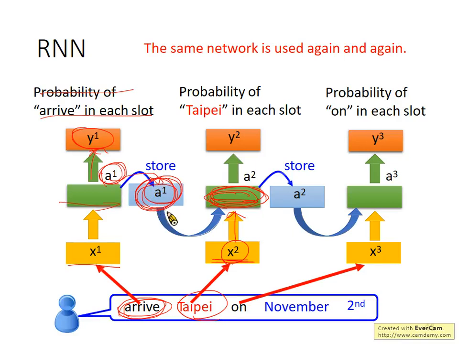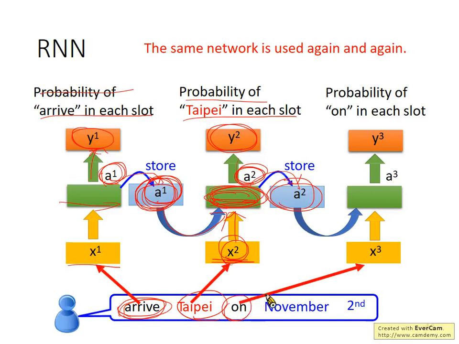So it will also consider the information from A1, that is, the information of A1 and X2. This hidden layer outputs result A2. And based on A2, we can do the following process and output the probability of type A in each slot. And then remember, the result A2 is also stored into a memory cell.